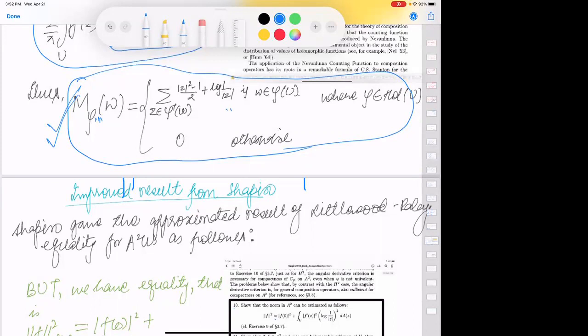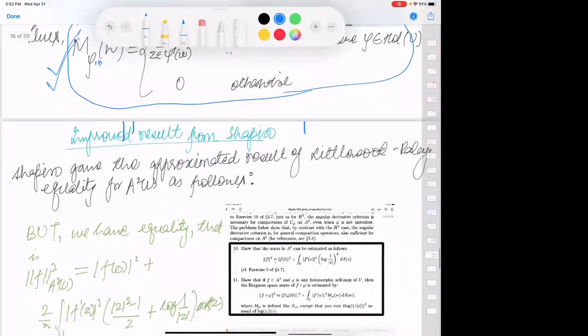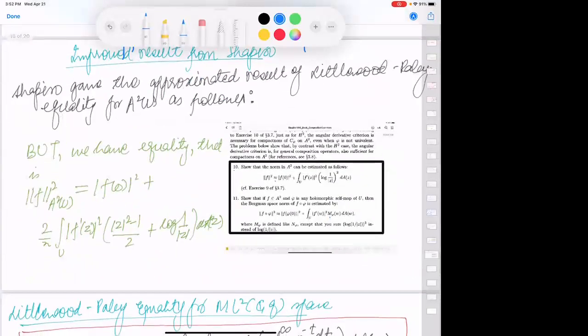Maybe because, with all due respect to operator theorists, I think people don't know about the Littlewood-Paley equality for Bergman. I don't know whether this is right or not. Maybe this statement could be a little strict or hard, but I think this is my improved result from Shapiro, and so this should be the Nevanlinna counting function for the Bergman norm, for Bergman space.